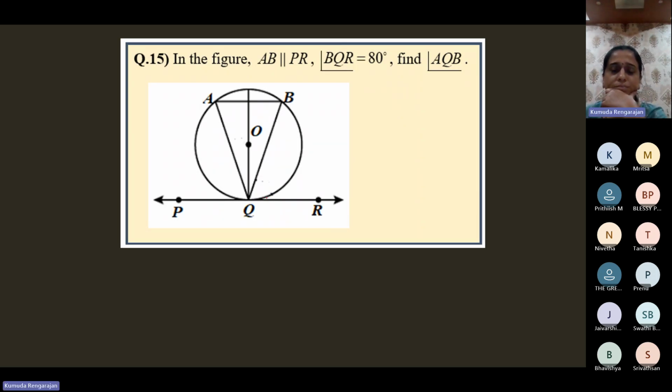AB is parallel to PR. BQR is 80 degrees.